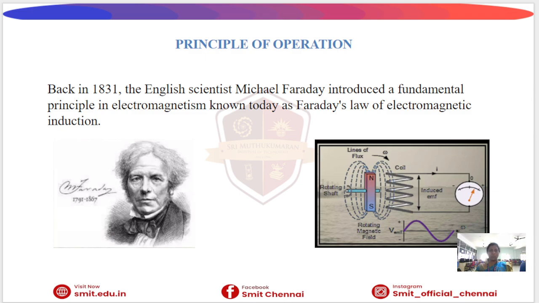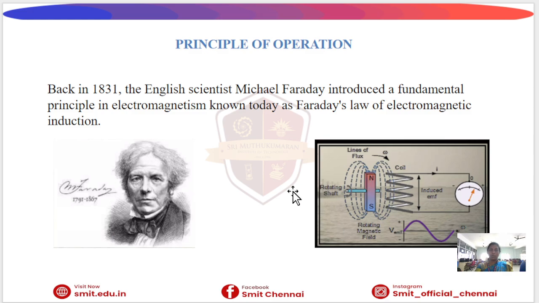Next is the principle of operation, starting with the historical background. The operating principle of generators was discovered by the English scientist Michael Faraday, so the principle is called Faraday's law of electromagnetic induction. Whenever a conductor cuts the magnetic field, the magnetic flux, an EMF is induced in the conductor.